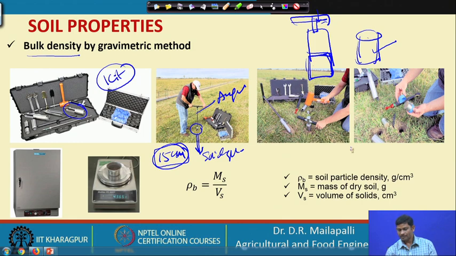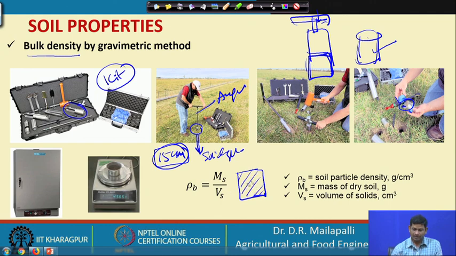At 15 centimeter depth, using the soil core, take out the soil core like this, protect it or put the caps on both sides, take it out, and find the dry weight of the soil inside the cylinder or core.